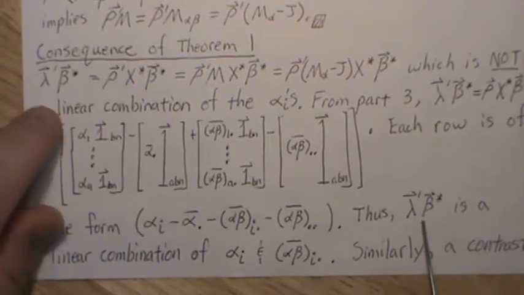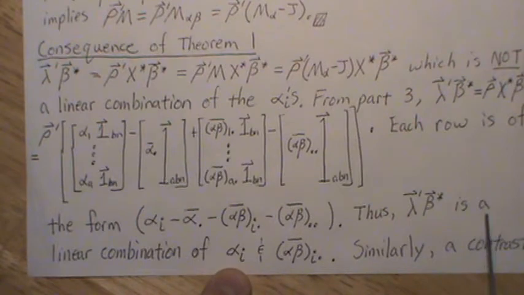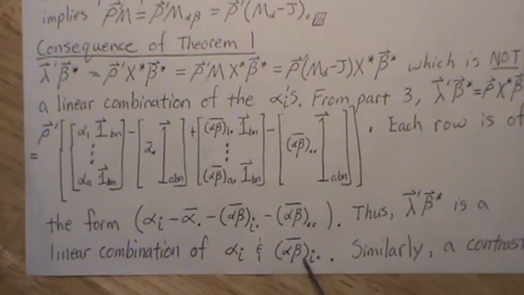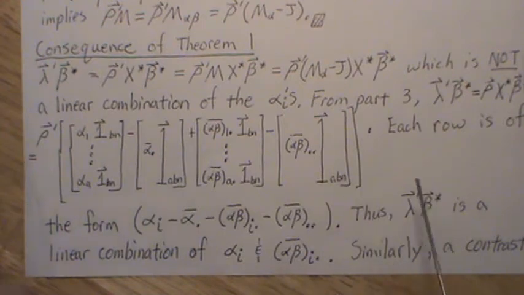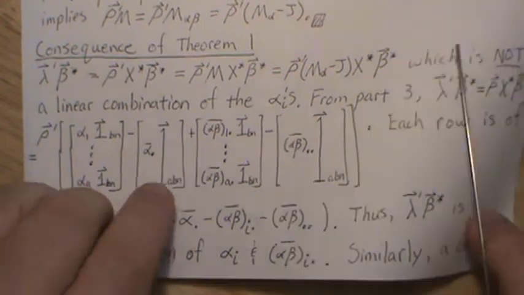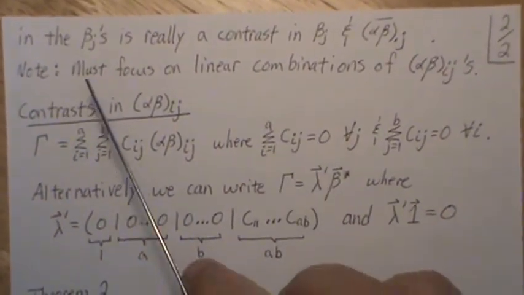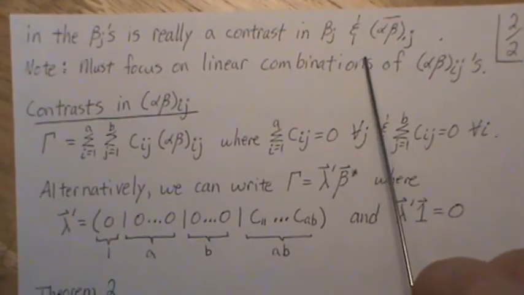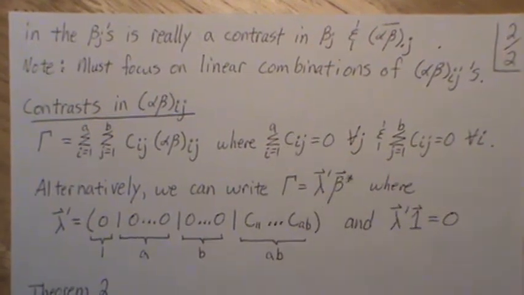So thus this linear combination of the beta star, the parameters, is actually a linear combination of alpha i and that interaction term i, star. And so we're not taking a linear combination of the alphas. It's really a linear combination of the alphas and the interaction terms, which is not what we intended it to do. So similarly, in the betas, a contrast in the beta is really a contrast in these terms here, which is really not the intended purpose of trying to calculate a treatment contrast.